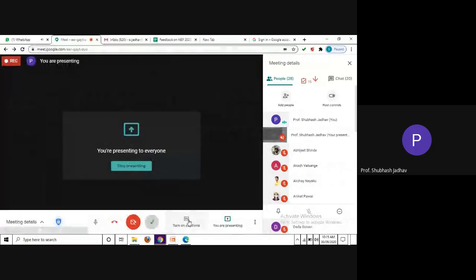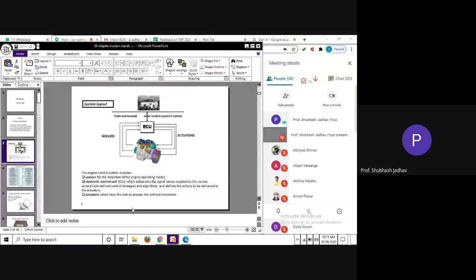So now the output actuator is in a position to decide what to do. The role of the sensor is to take some signal and give it to the ECU. The ECU is going to process that data and give the signals out to the actuators, and the actuators are going to actuate whatever is supposed to be done as per the requirement.